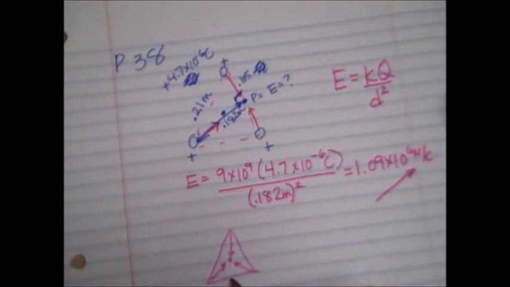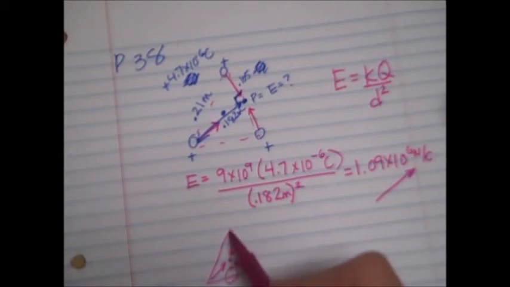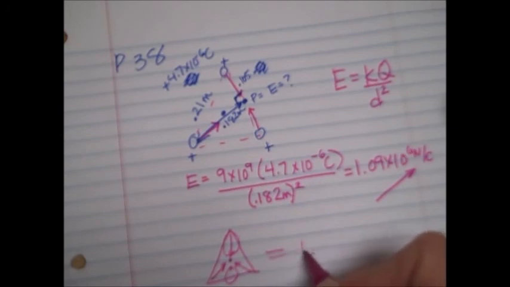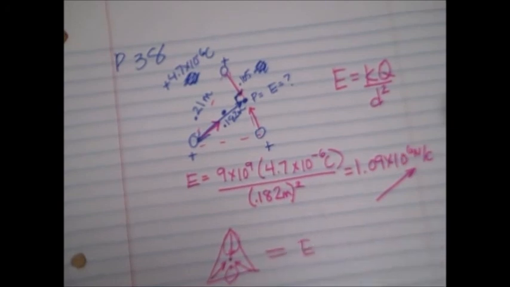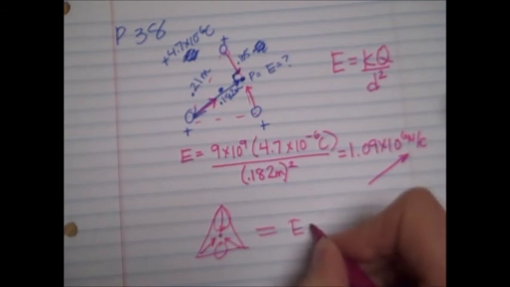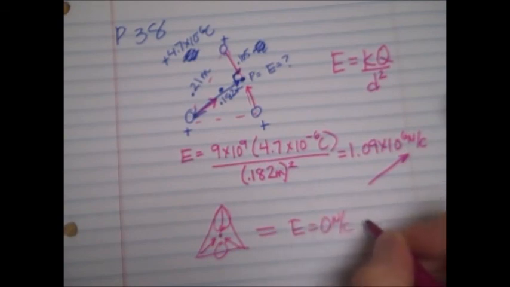This one's going straight down, and these each have a component up and a component sideways. It turns out that these two components balance out its strength down, so the electric field in the center of an equilateral triangle with equal charges at each corner is equal to 0. So that would be less.